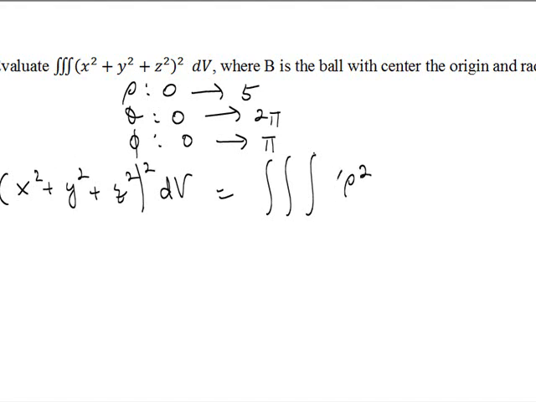Let me just write it so you can see. But we need to multiply by rho squared sine phi, right? D rho, d theta, d phi. So 0 to pi, 0 to 2 pi, 0 to pi. So let's simplify that.